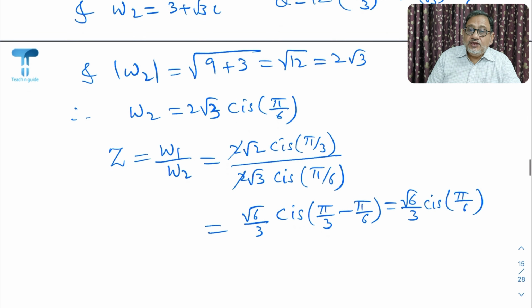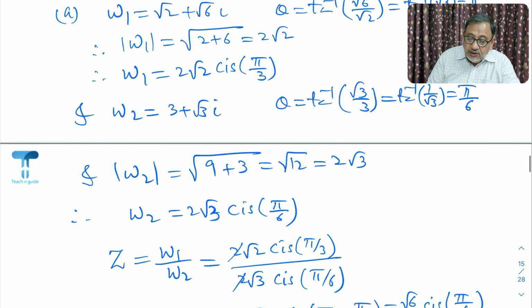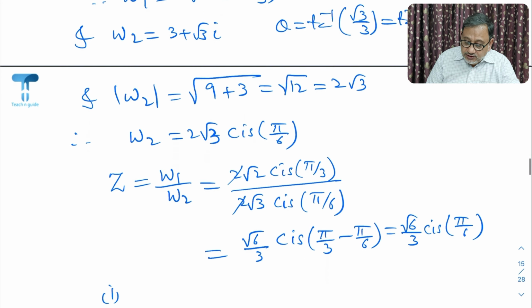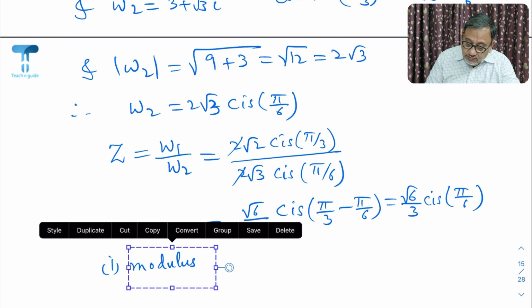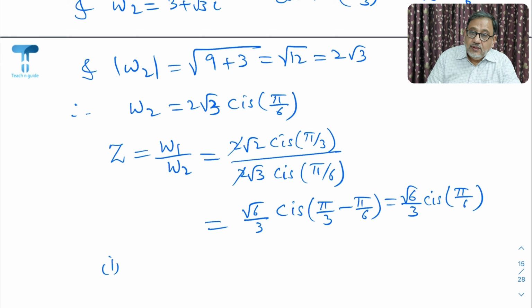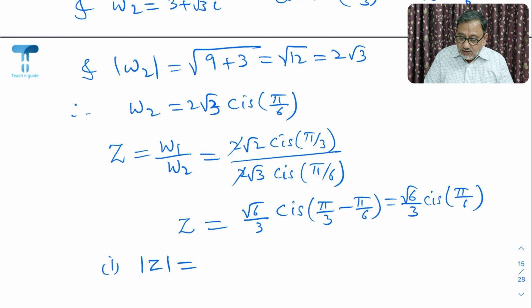Okay. So therefore the first part I can write what they want, modulus of Z. So modulus of Z will be the modulus of this answer, right? Z I already got, let me mark it with a star.